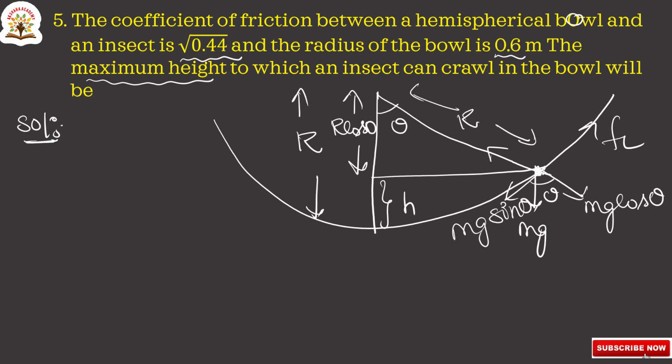Let the insect crawl up to a vertical height h inside the bowl.